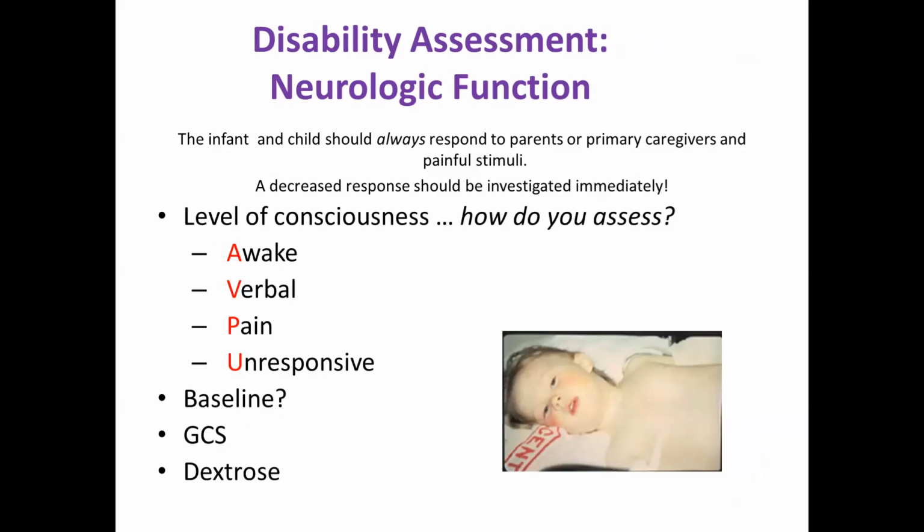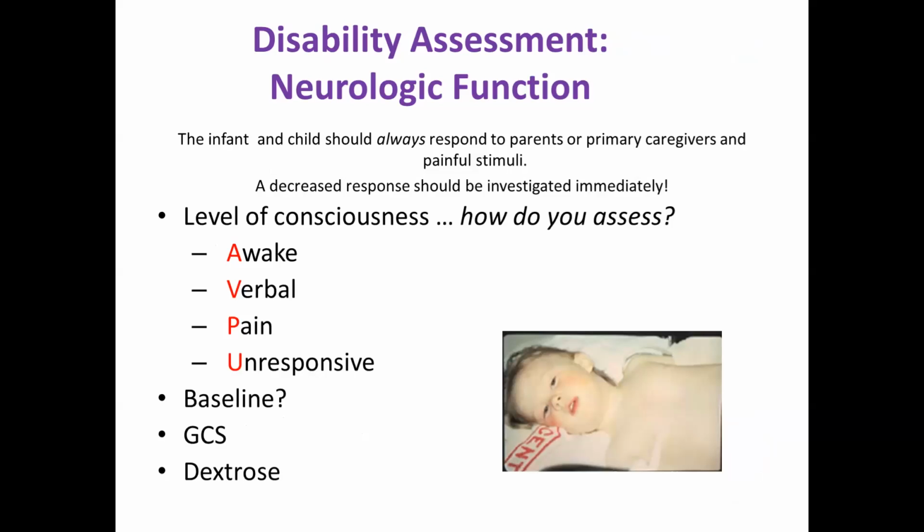So how do we assess the child neurologically? It is actually not that much different than in adults. We do utilize the AVPU scale: awake, verbal, response to pain, or unresponsive. And we have it built into our neurological assessment in the PowerChart. Also very important to know what the child's baseline is.